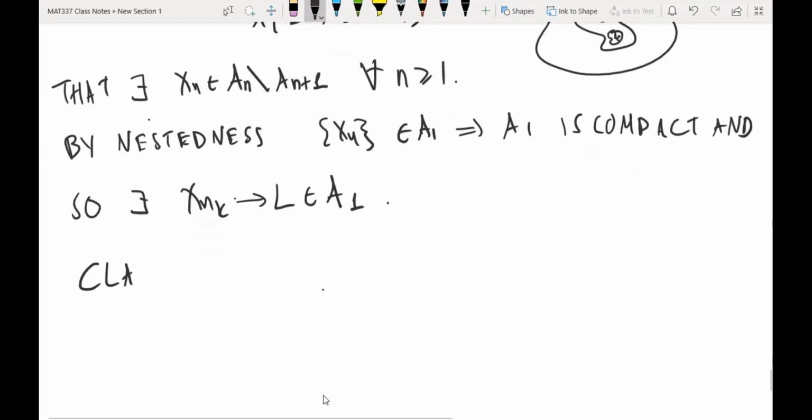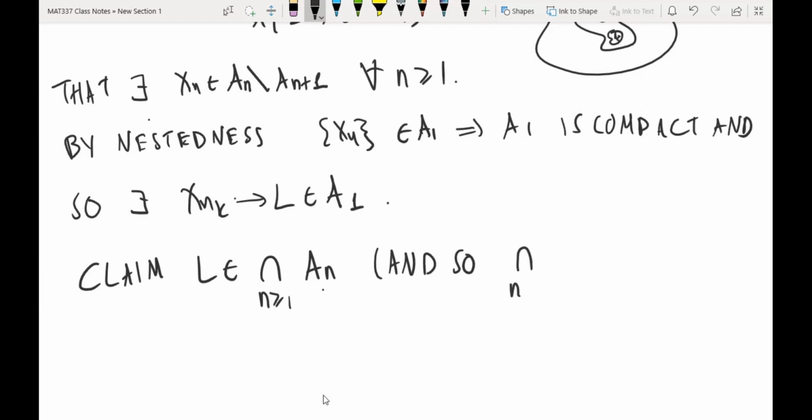Claim this L is inside all of them, and so this intersection is not empty. Okay, is that okay?